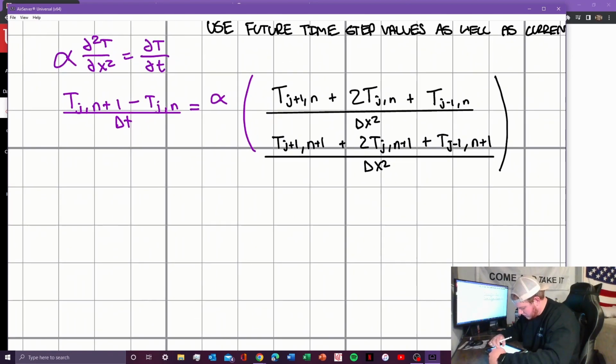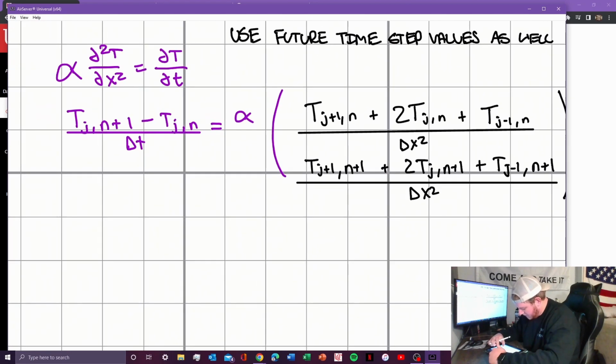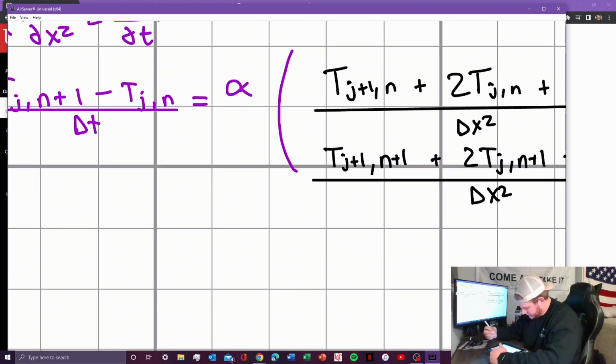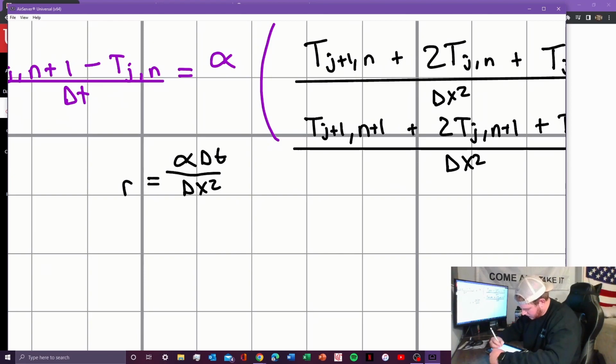So if you'll notice, before our r value was theta dt over dx squared, but now we add these together.